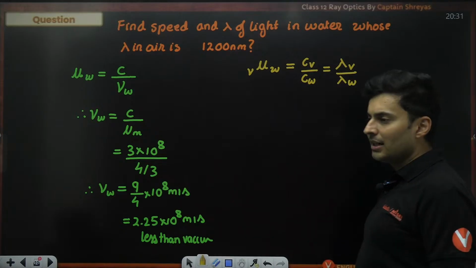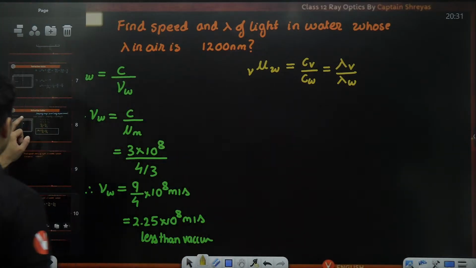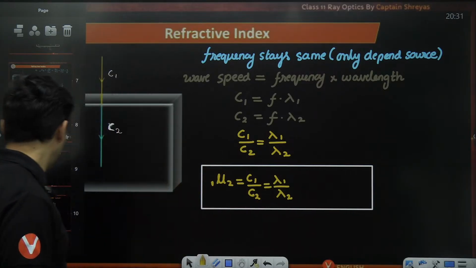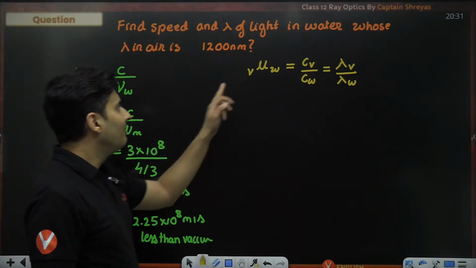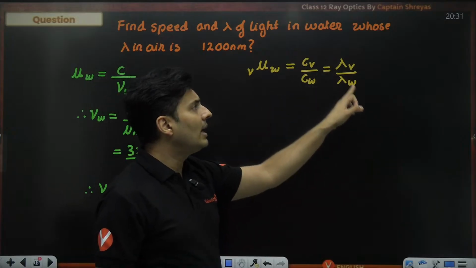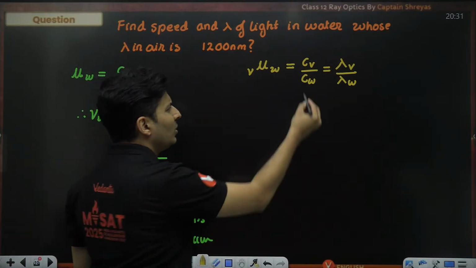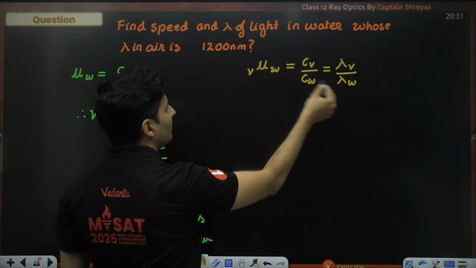This was our standard relation: 1 mu 2 is C1 by C2, lambda 1 by lambda 2. Same way, V mu W is CV by CW, lambda V by lambda W, V for vacuum, W for water. But I don't need the speeds, I just need the wavelengths.